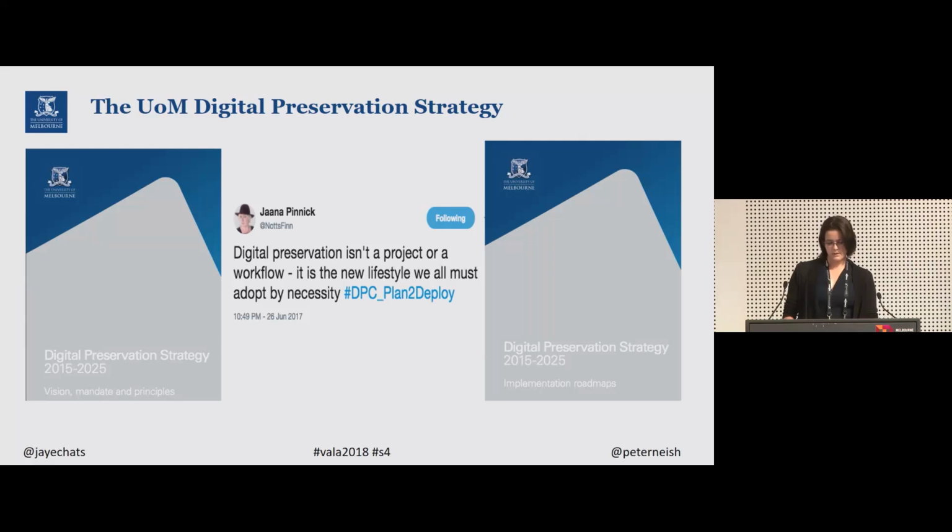This vision document was developed then into implementation roadmaps. So these roadmaps feature tangible steps that a project team can take and then start implementing. So I was recruited in March 2016 to begin implementing the steps in this roadmap.